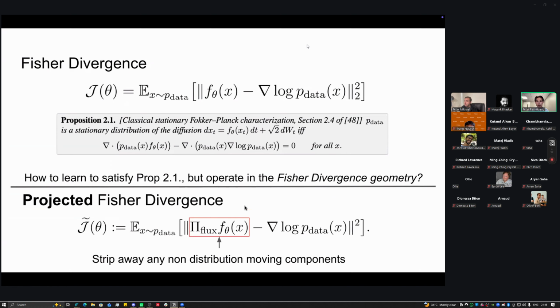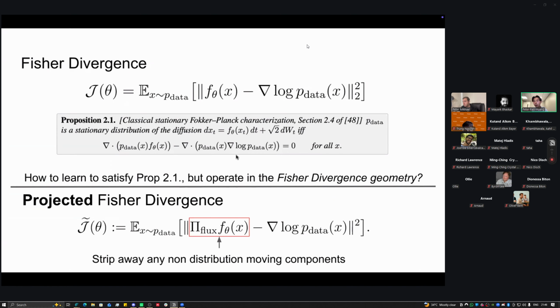Yeah, that's a really great question. If we look at this equation here where my cursor is, the main goal of this condition is that we want to learn some F such that the divergence of the flux of F is equal to the divergence of the flux of the score function. But you can show that if you add any additional vector component where the divergence of this vector field weighted by the probability distribution is equal to 0, this condition still continues to hold.